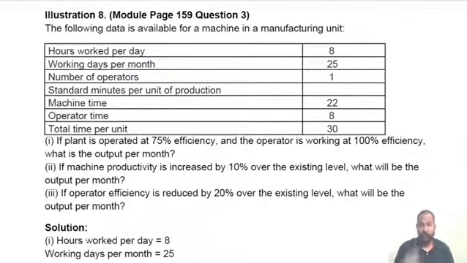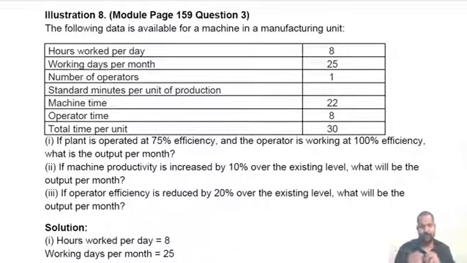So this is the data for a certain machine in a manufacturing unit. Hours worked per day: the machine is worked for 8 hours per day. Working days per month: 25 days in a certain month. Number of operators: one operator.